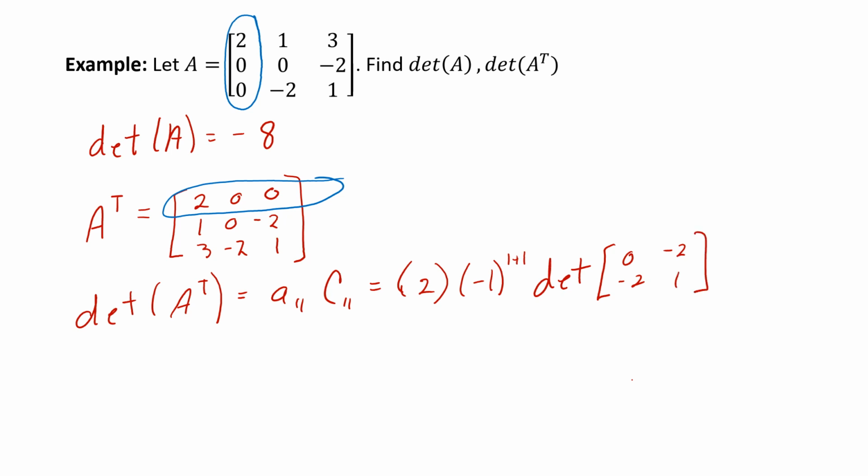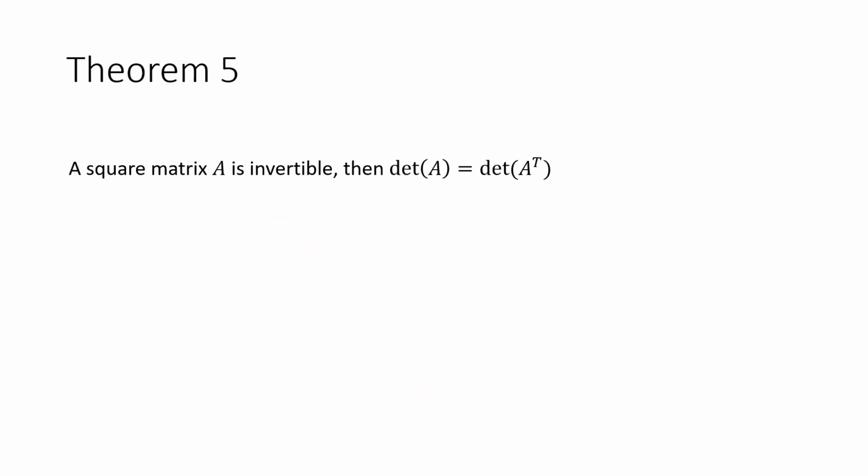So we get 2 times 1 times, what's that determinant? 0 minus 4. Multiply this all up, and you get negative 8. So the determinant of a transpose of a matrix is the same as the determinant of the original matrix. And that's theorem 5. The determinant of a transpose doesn't change.